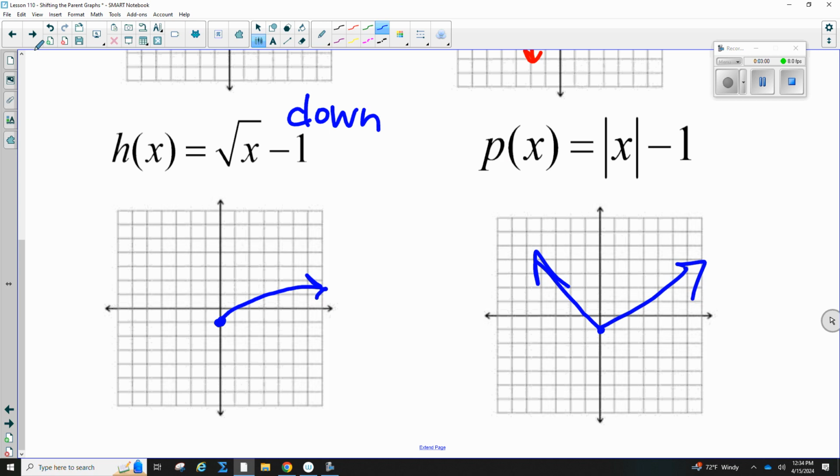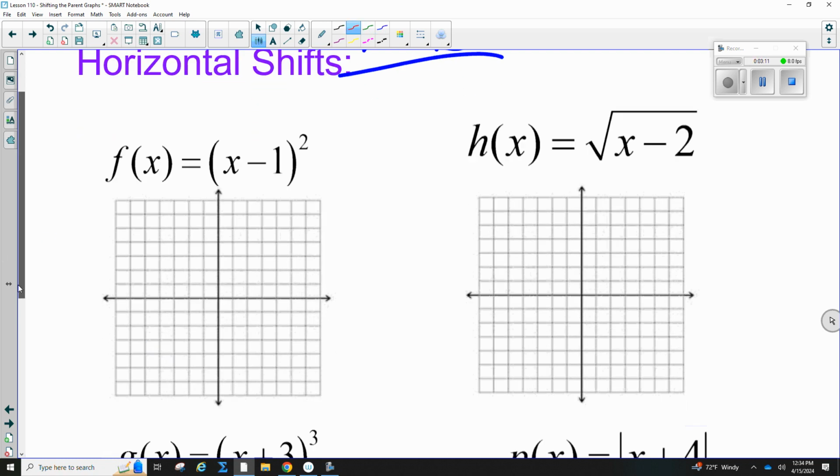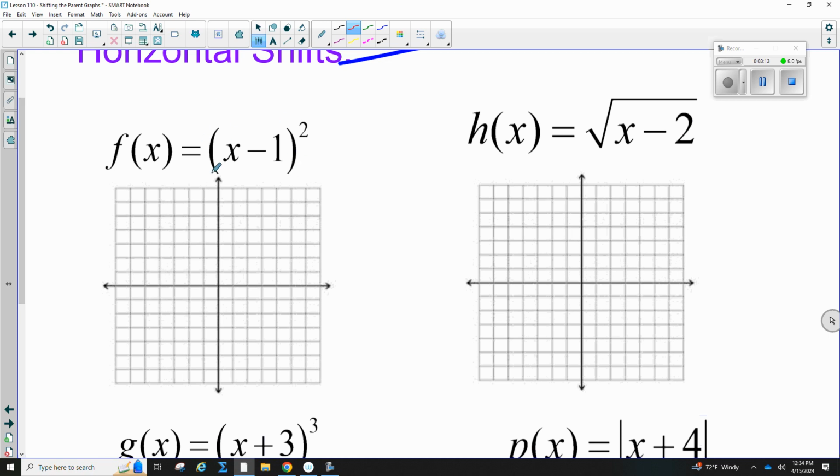All right, now let's do horizontal shifts. These shifts are always inside of the function. That's how I know it's horizontal. So notice the difference here is it's inside the square, this x minus 1. Instead of being outside of the square, like this right here is a shift down 1, but if it's inside of the function in the parentheses, it shifts it left or right, but these are always opposite.